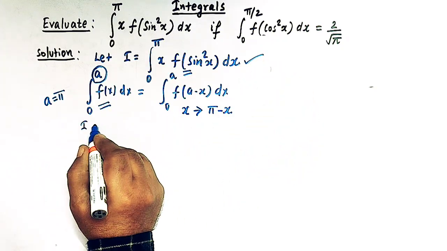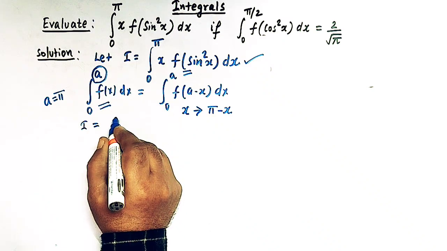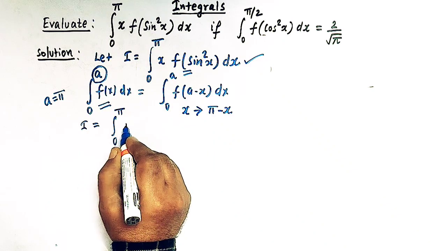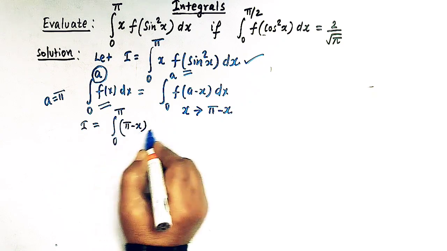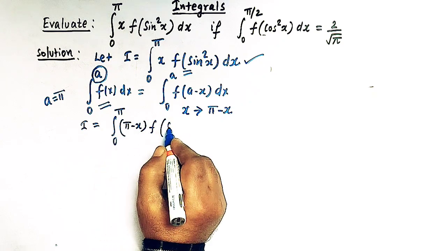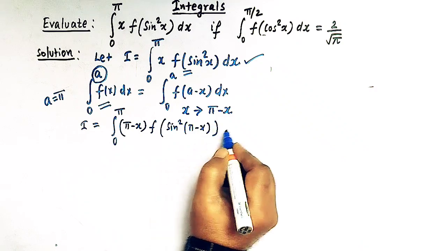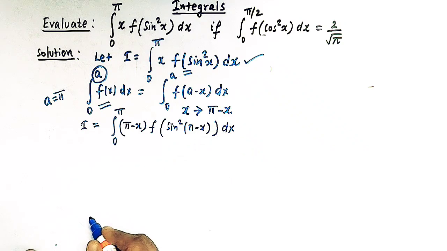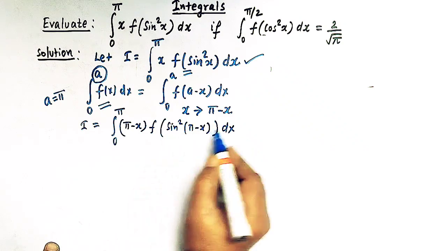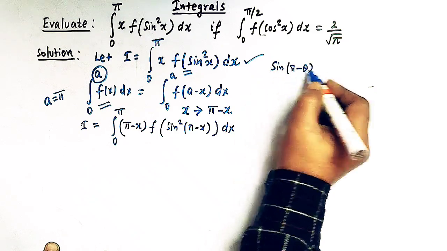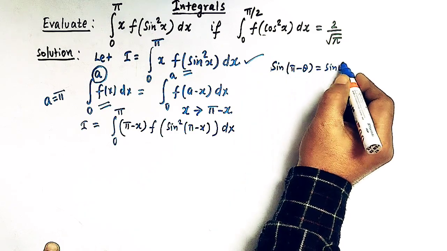So we have now I is equal to 0 to pi, and this x is pi minus x, and then we have f of sine square pi minus x, and here we have dx, right? So now from trigonometry we know that sine pi minus theta is equal to sine theta.